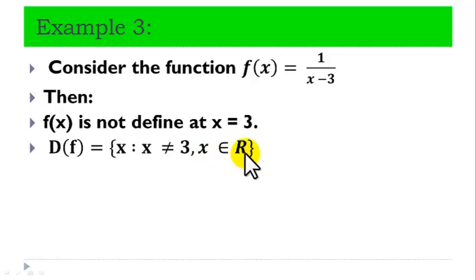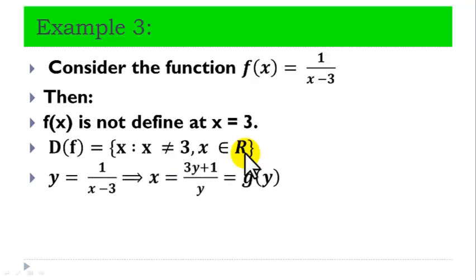To find the range, we set y equals 1 all over x minus 3, and then make x the subject of formula. That is, x is equal to (3y plus 1) all over y, and this is a function of y.